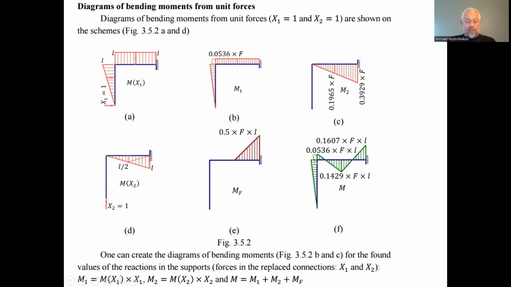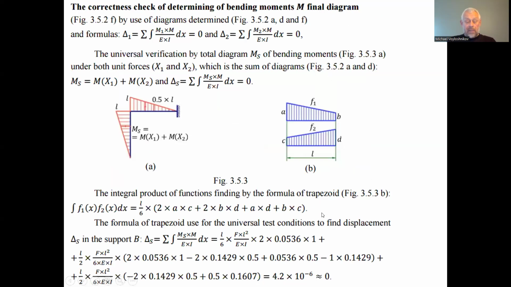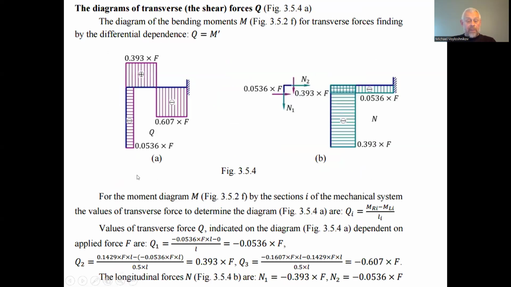So if we consider the diagram as a right triangle, this leg is 0.536 times F times L, and the other leg is L, so the force is 0.536 times F.